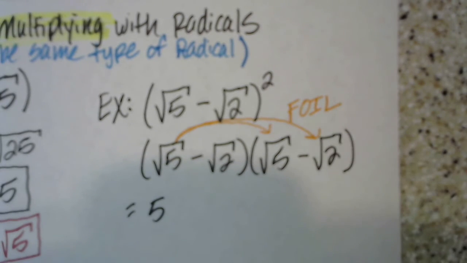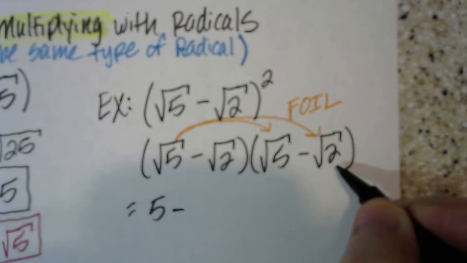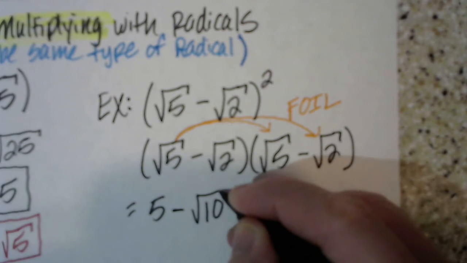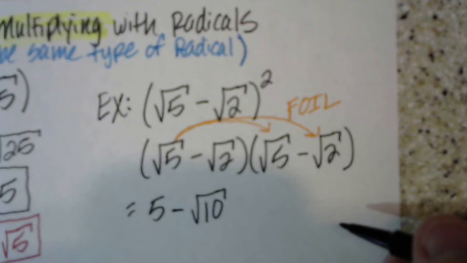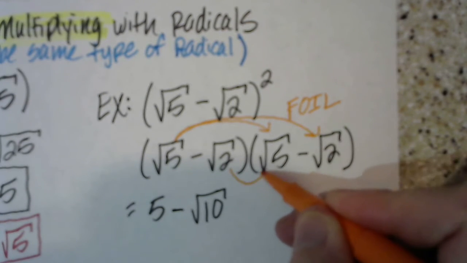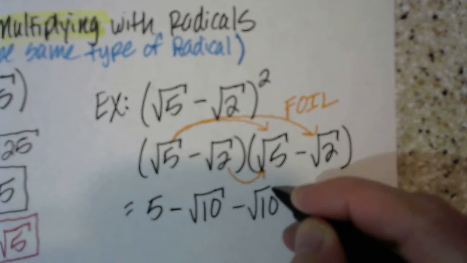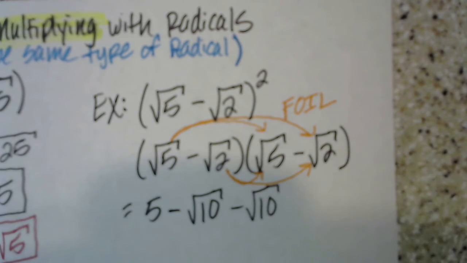Outside, so that's radical 5 times negative radical 2, so it's going to be a negative square root of 10. I'm allowed to multiply those because they're the same type of radical. Then we do the inside, which will give me another negative radical 10, and the last. So it's negative times negative, which is going to be positive.